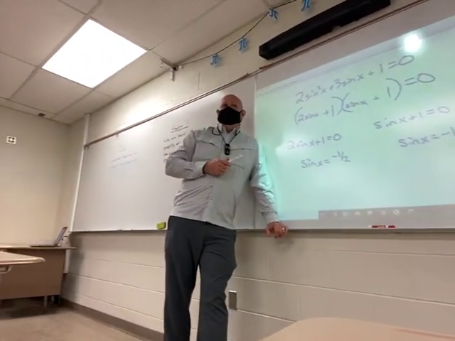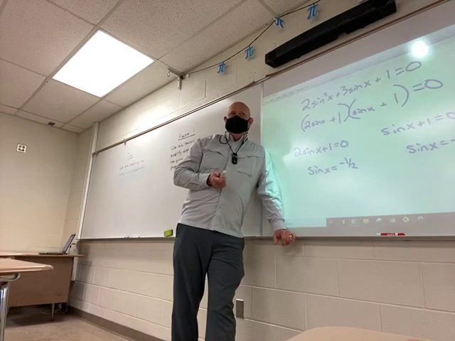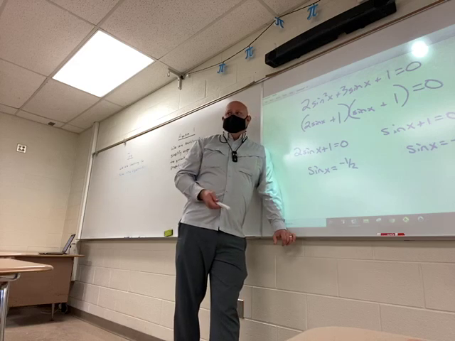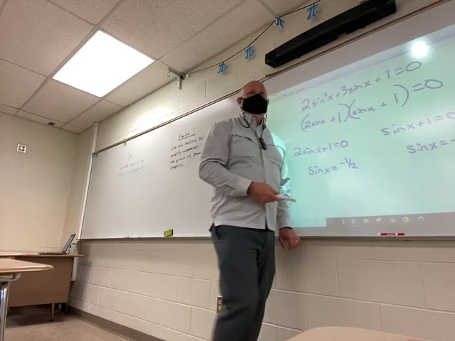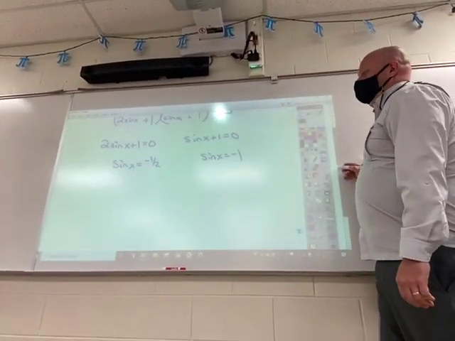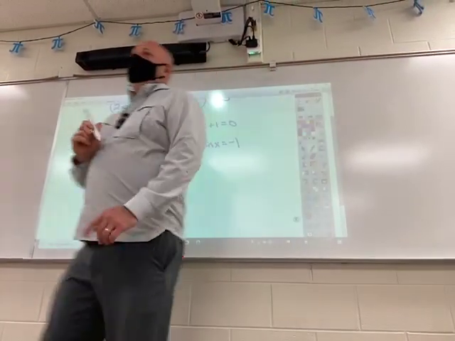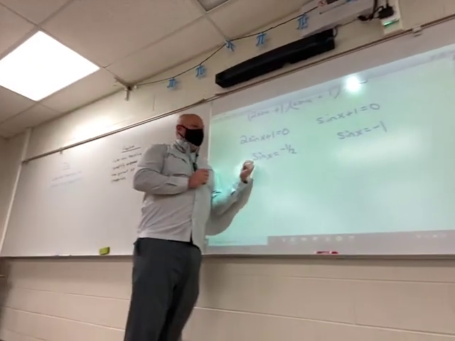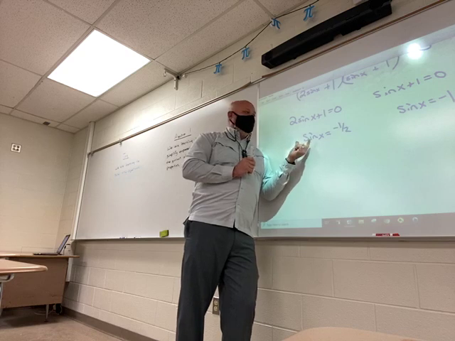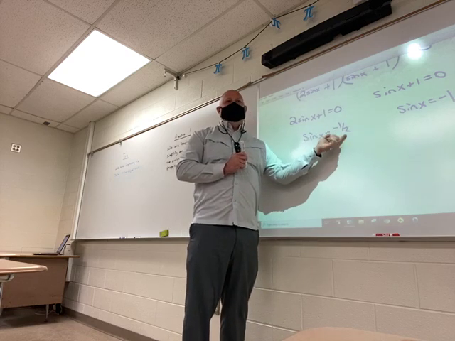If the sine wasn't there, we'd be done, right? What's the difference now? How do we get rid of the sine? Now you got to take the inverse. So here's where the inverse functions come into play. The goal here now is basically to find every single angle, because these are all going to be lowercase, every single angle where sine equals negative a half.